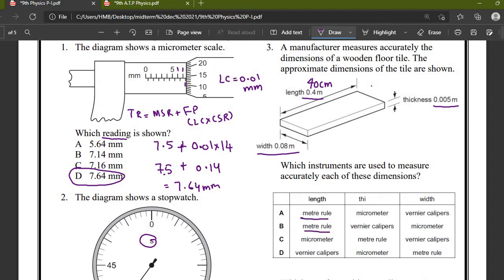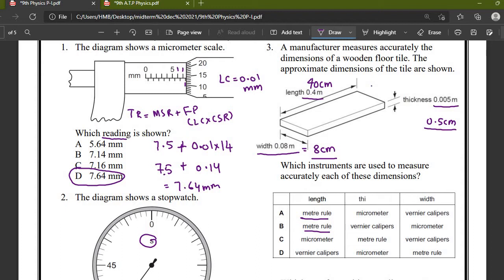So we have two options, A and B, in which length is measured with a meter ruler. Now let's see the thickness and width. The thickness is 0.5 centimeter and the width becomes 8 centimeter after multiplying by 100 to convert into centimeter.